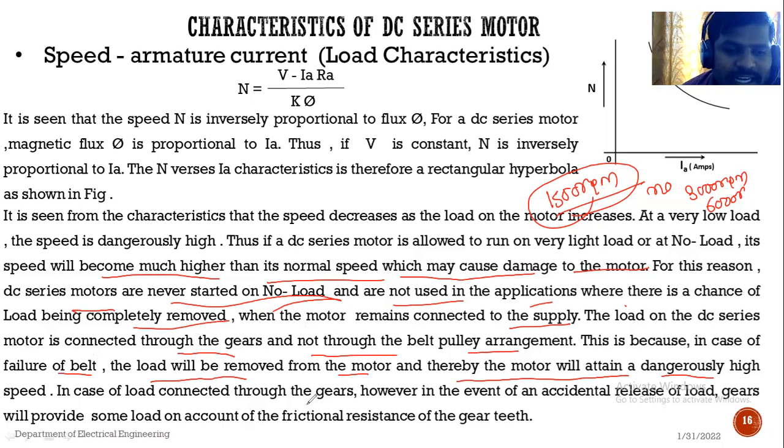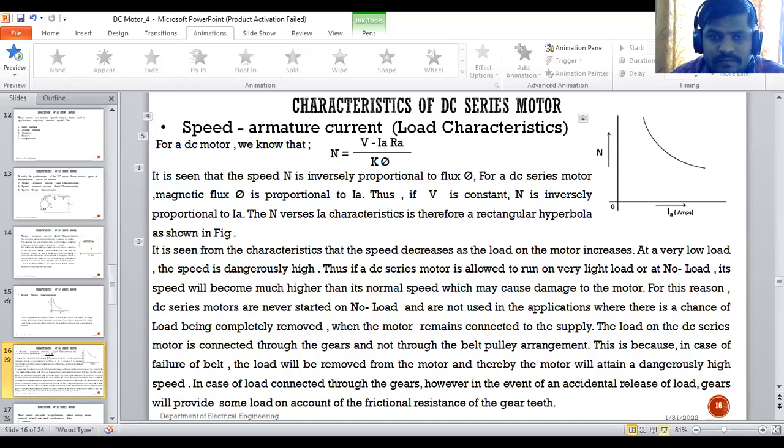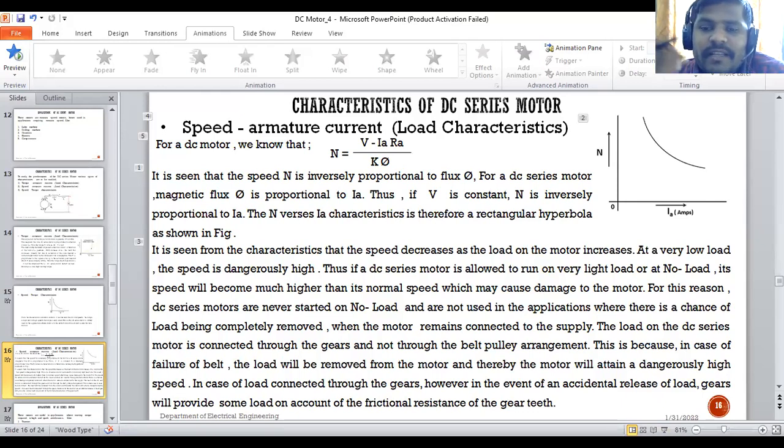And in case of load connected through the gear, see, if the belt fails, then the load on the motor will be removed, and the motor will run on no load condition, and at that situation it will achieve a dangerously high speed.